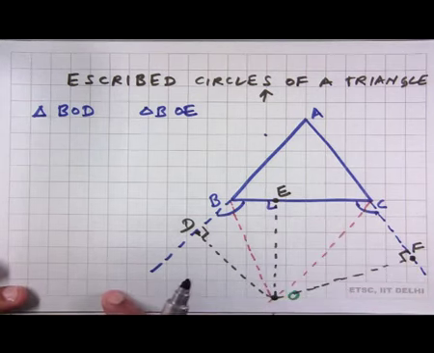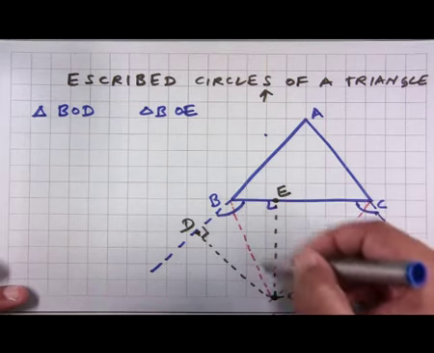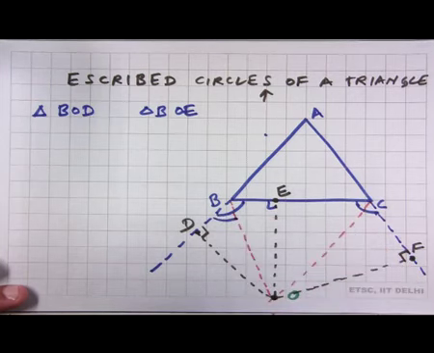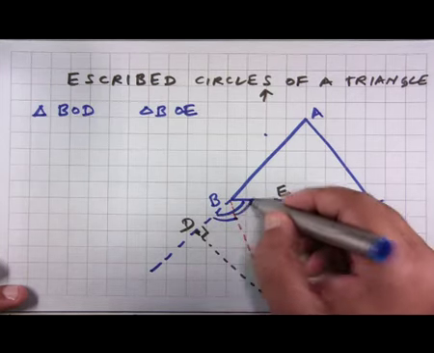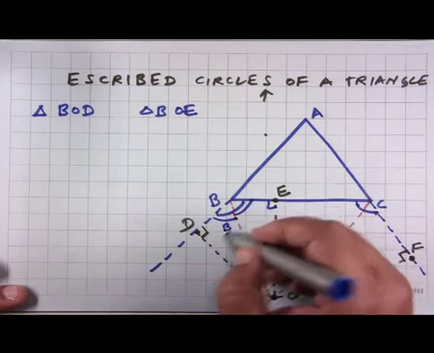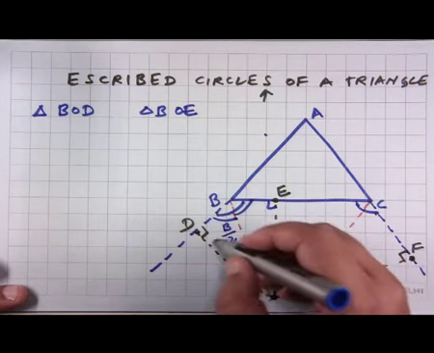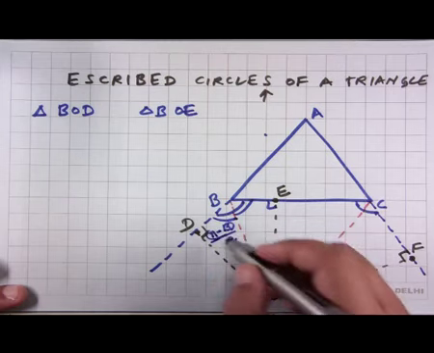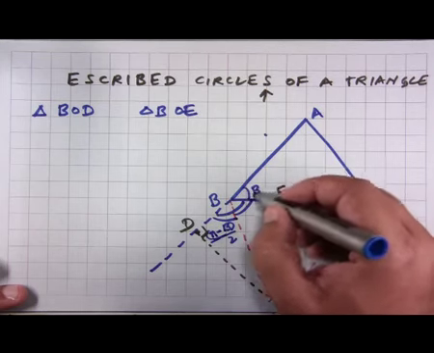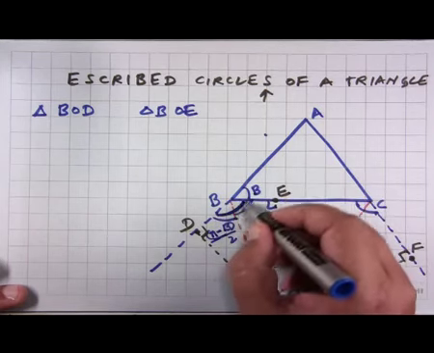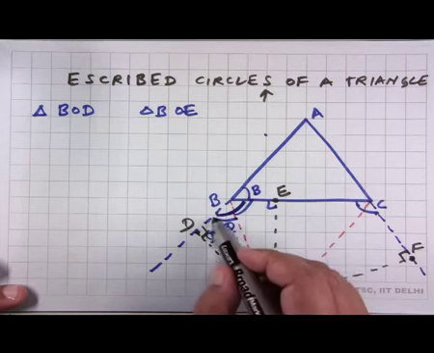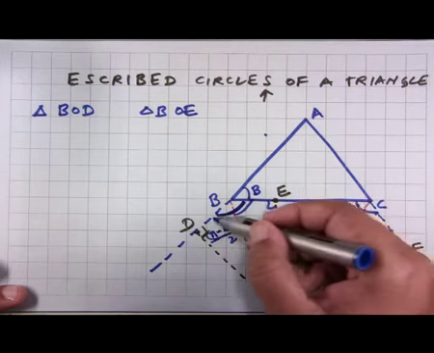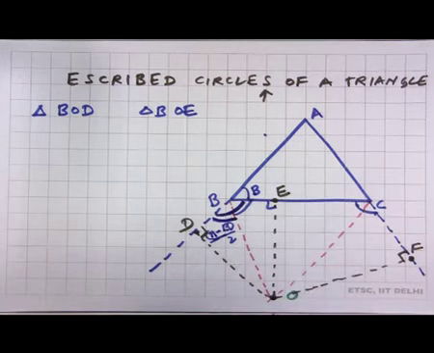Also, because this red dotted line is an angular bisector, it follows that this angle DBO is equal to the angle EBO, and both of them are equal to pi minus B over 2, because this is angle B, and therefore, this entire angle is pi minus B, and this half angle is pi minus B over 2.